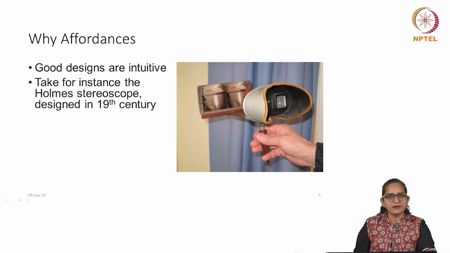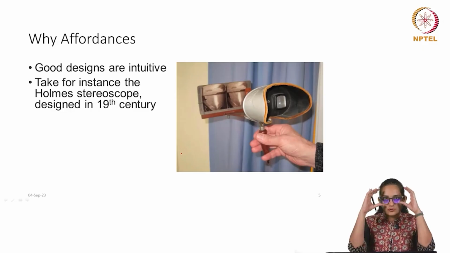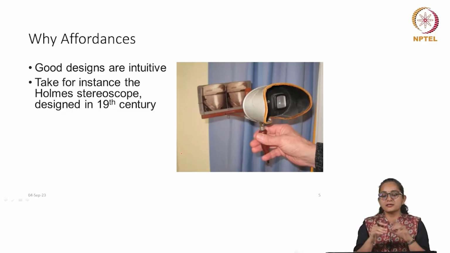None of us might have actually seen this product in reality, but if you are handed this product today, will you be able to understand how to use it? Can you guess? Probably yes, right. It looks like a VR headset, it needs to be placed in this part, it has two holes, something to be looked at with the two eyes.